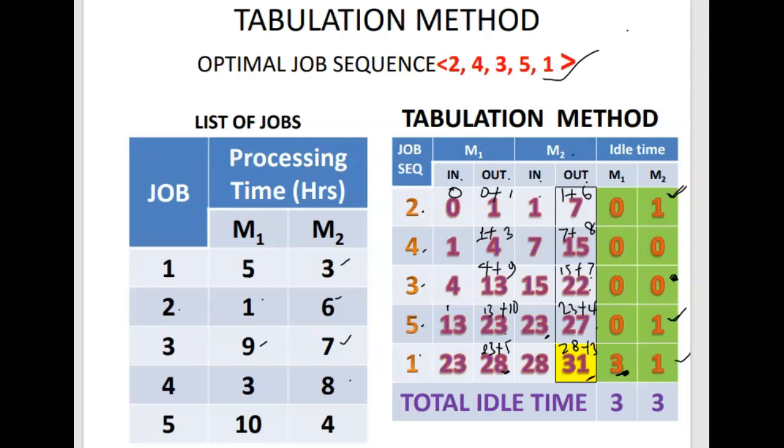So now we have come to the end of the second video. The first one, we talked about using priority rules: earliest due dates, first in system first served, shortest processing time, longest processing time. Using these 4 priorities, let's sequence our jobs.